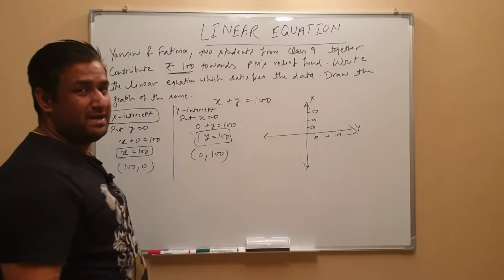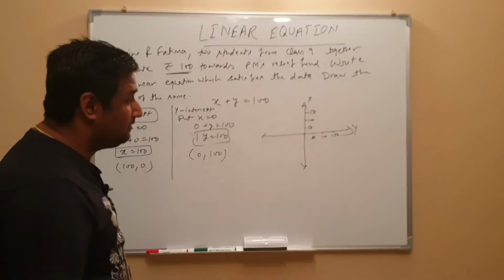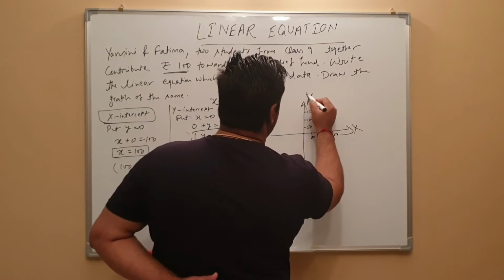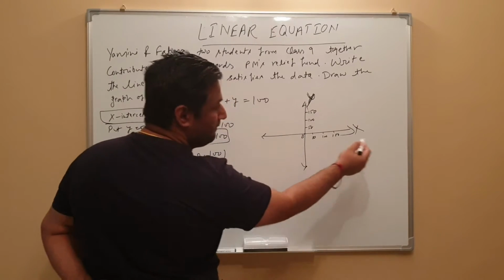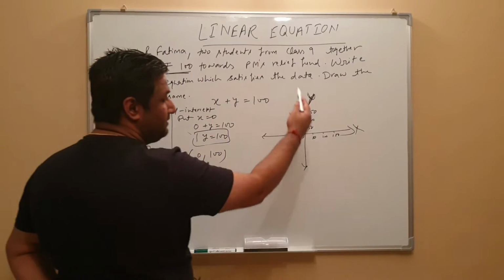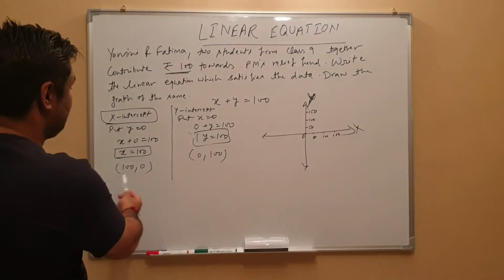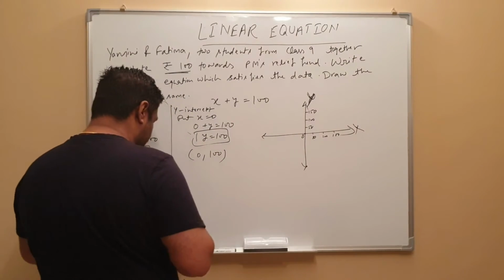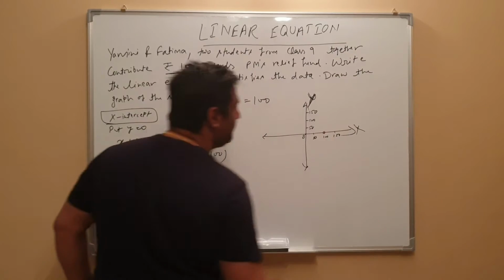Now since we are talking about money, obviously that cannot be negative, so we'll just try and avoid the negative axis. So this is x and this is y. On the x-axis, the points I have taken are 50, 100 and 150. On the y-axis, the points I have taken are 50, 100 and 150. So the x-intercept is 100, 0, so obviously this is going to be the point.